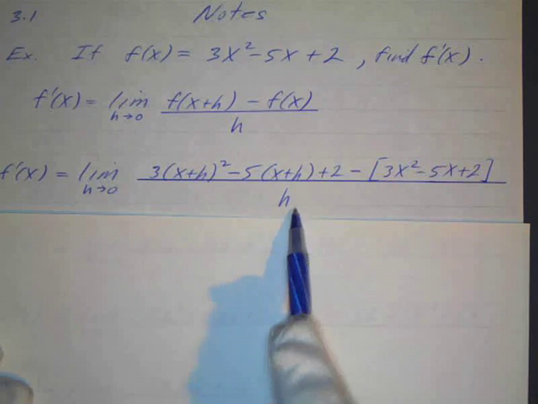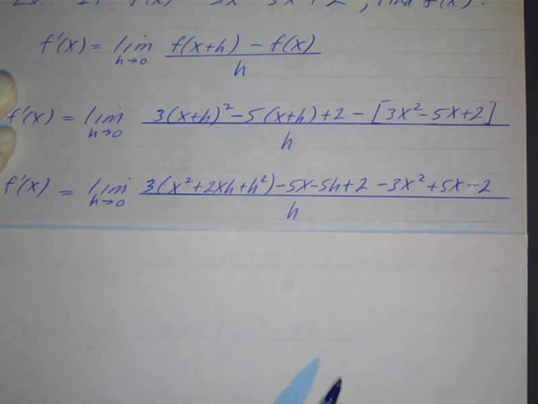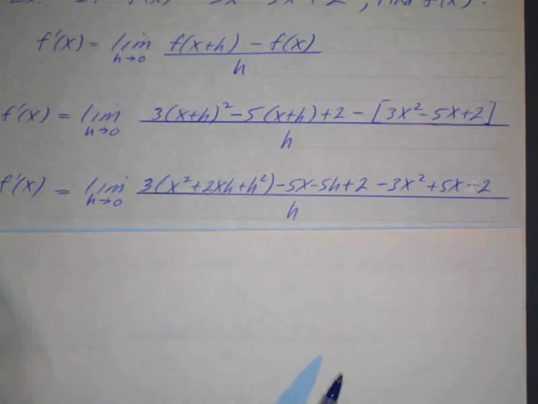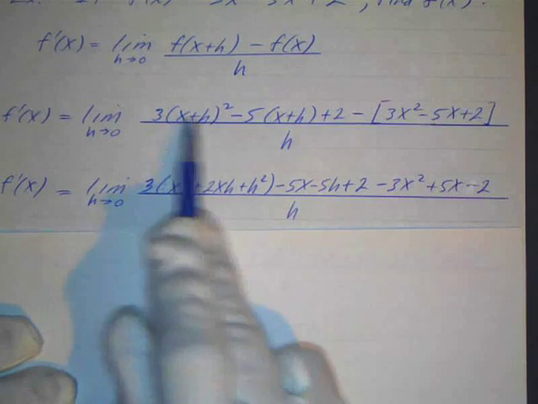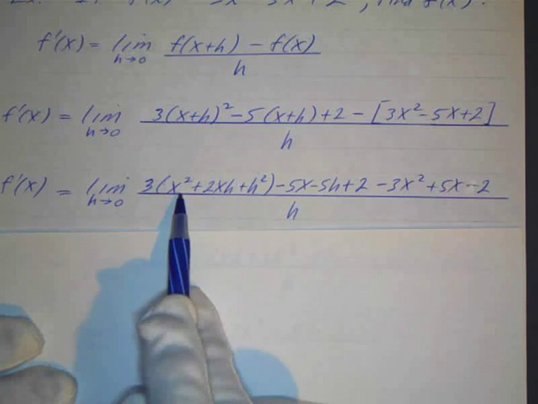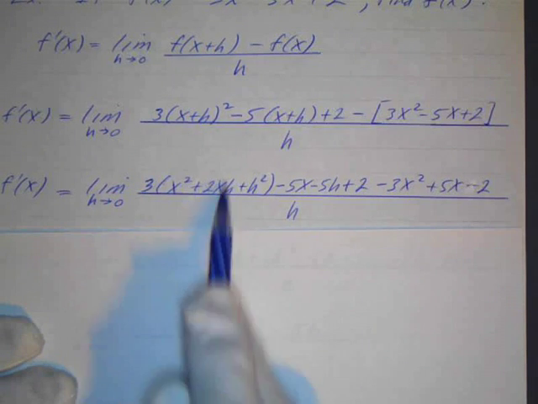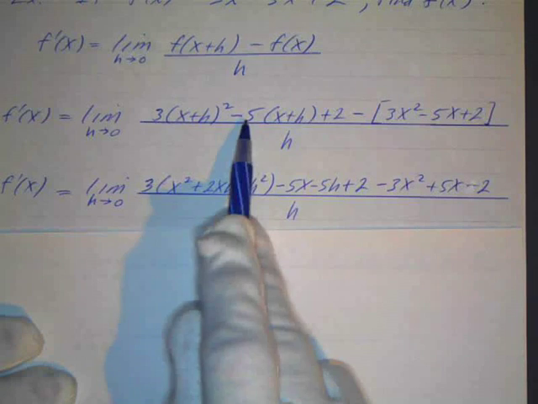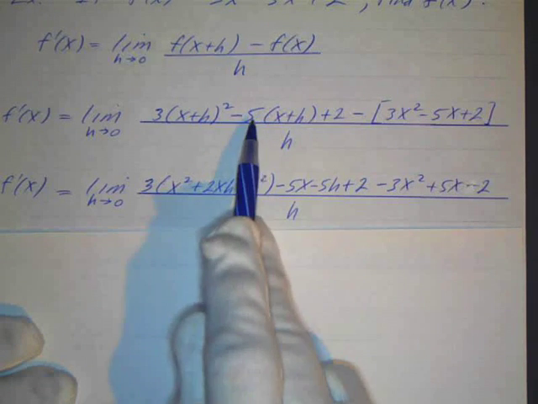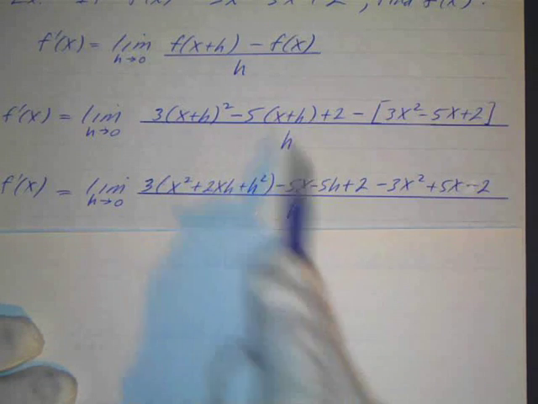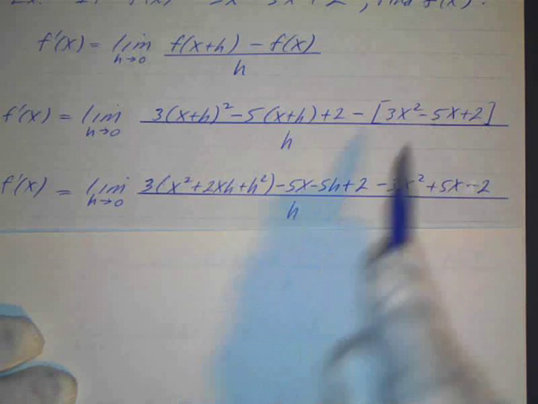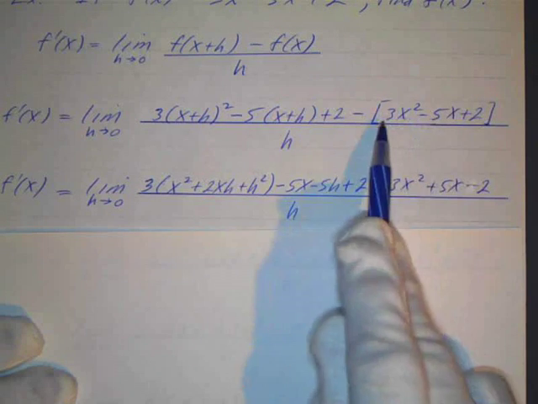Over h. And then we can multiply this binomial out. And I wouldn't skip this step just to be safe. So 3 times, and this is going to be binomial squared, so first term squared, plus twice the product, plus the second term squared, and we can multiply these out. Negative 5x, negative 5h, plus 2, and then I can remove the parentheses, so I have to change all the signs.